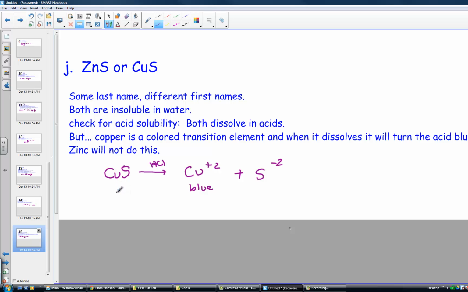If I did this to zinc sulfide, it will indeed dissolve, but it will not turn a color.